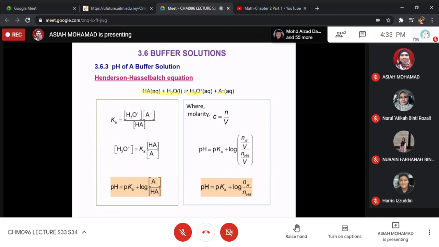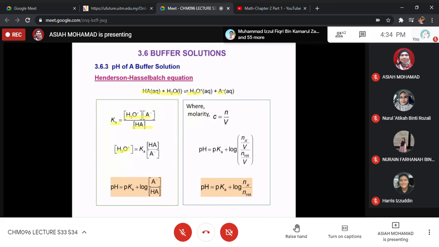The acid dissociation constant, Ka, is the concentration of the products over the concentration of the reactant at equilibrium. When you rearrange it, you will get H3O+ on the left side, equal to Ka times HA over A minus.